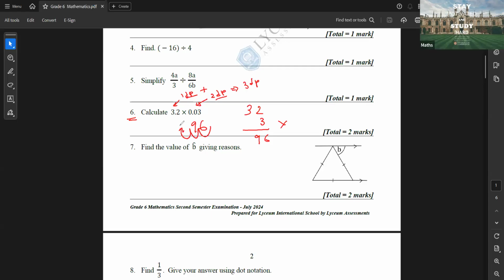You go here and keep the decimal point. So our answer is 0.096. If you don't have a number, you have to put a 0. So 0.096, that's the answer. Very good question.